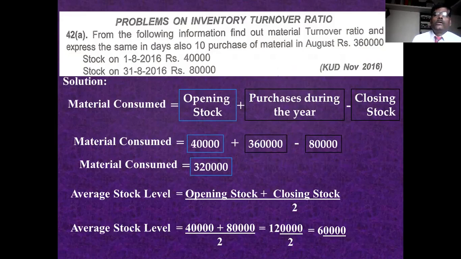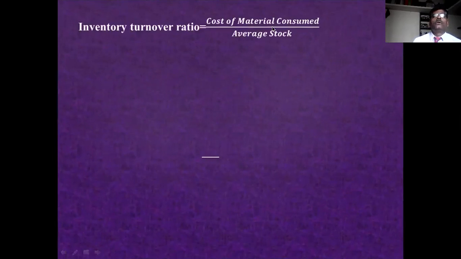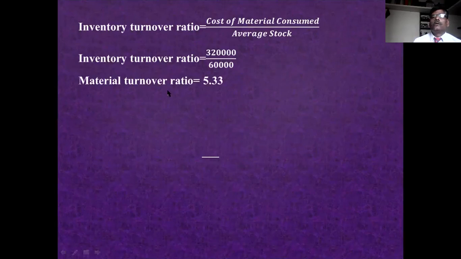Now I'll write the equation regarding material turnover ratio. Material turnover ratio is equal to cost of material consumed divided by average stock. Material consumed is 3,20,000 divided by average stock 60,000, which is equal to 5.33. What does 5.33 mean?